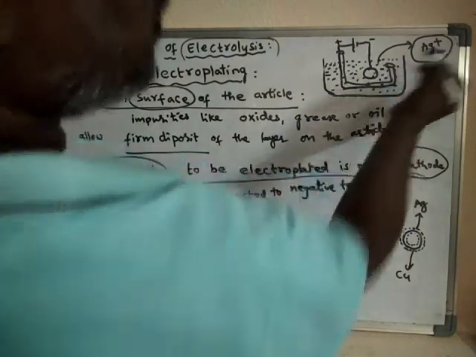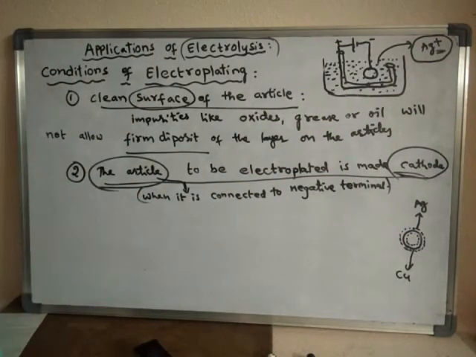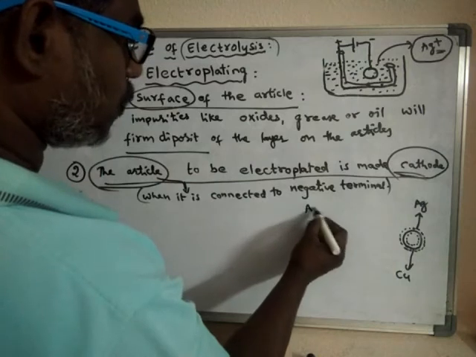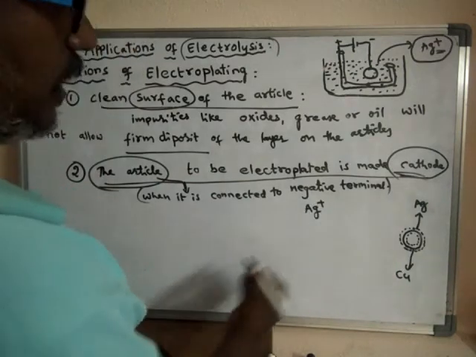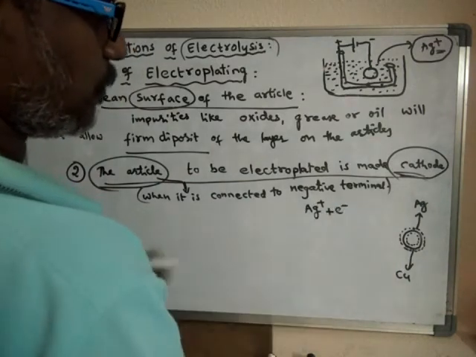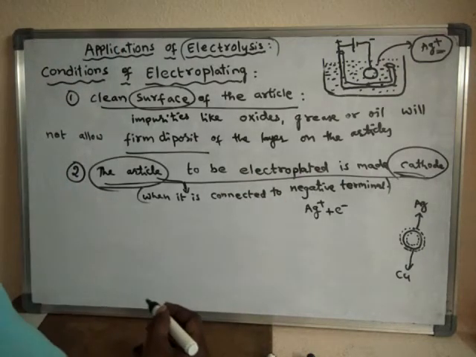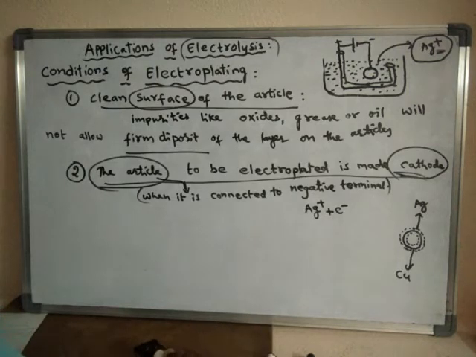After migrating towards the cathode, this silver ion or any cation takes electrons from the cathode, because the cathode is rich in electrons. The cathode will supply electrons to the cation.